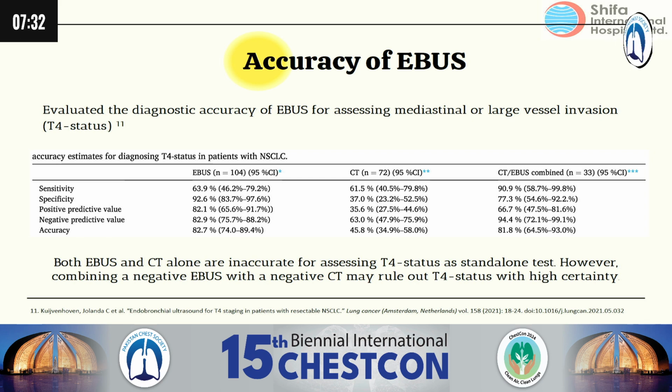So they concluded that both EBUS and CT alone are not sufficient for T4 status assessment, but if they are used in combination, then a negative EBUS with a negative CT may rule out T4 status with high certainty.